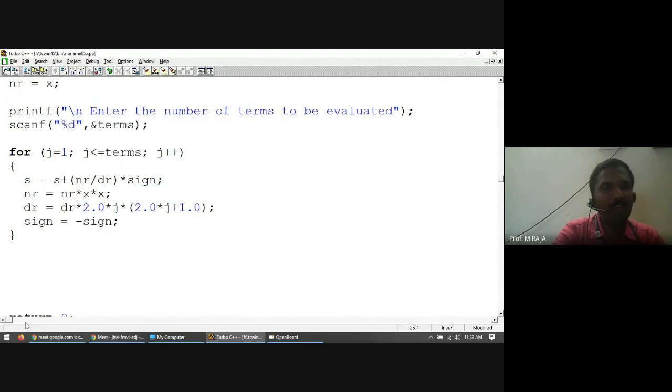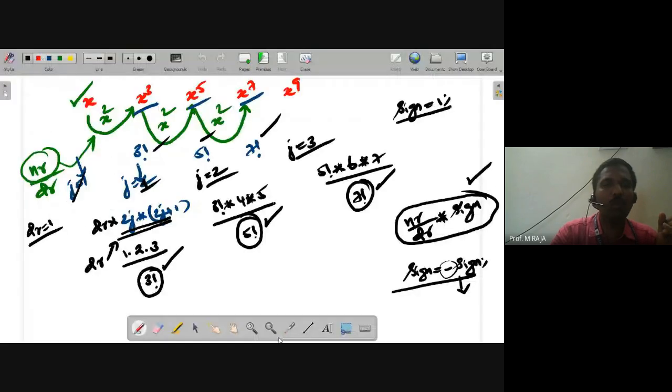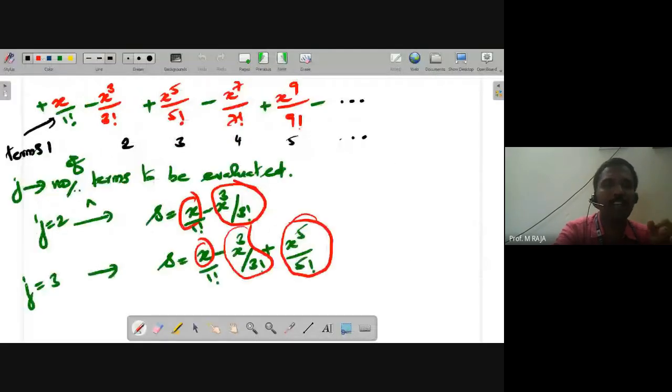Now let us check its correctness again. When j is equal to 1, s is equal to s plus numerator by denominator into sign, no problem. s is equal to x, because numerator is x, denominator is 1, sign is 1, s is equal to x is obtained. So when j is equal to 1, only one term needs to be evaluated, that is the value of x.